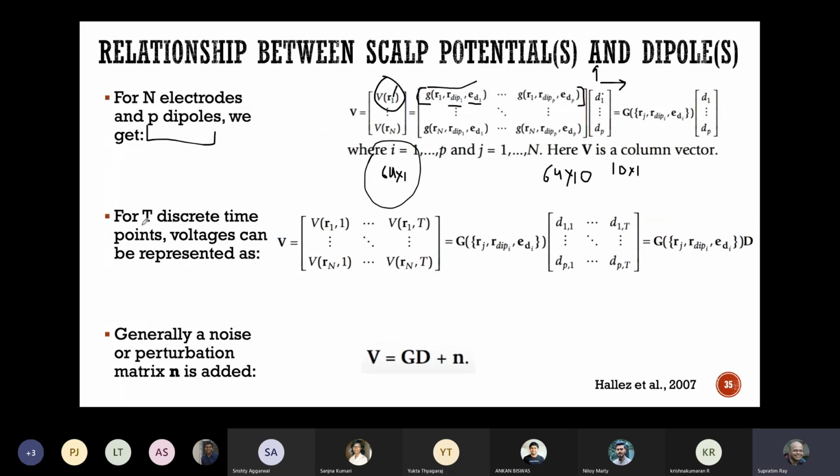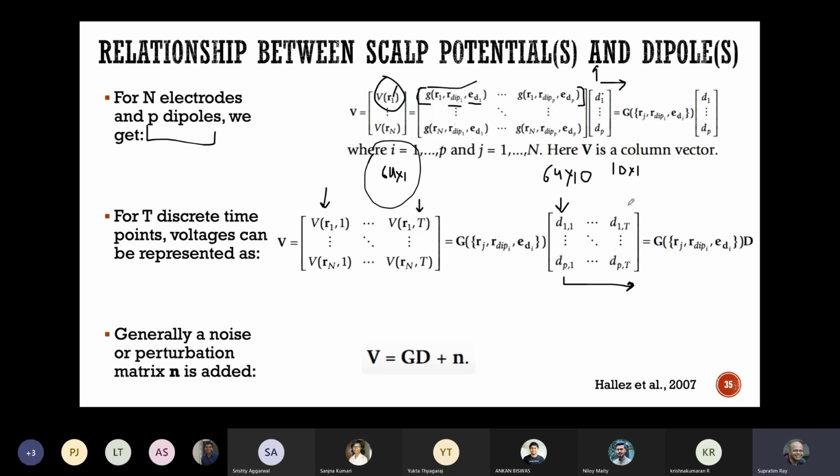If I have t distinct time points, so if I have a voltage trace, the whole thing just scales up and you have a time series of dipole distributions also. At each time you'll have one vector which will tell you what the voltage will be at that time. If you give me voltages at a different time point, I'll get another column vector.